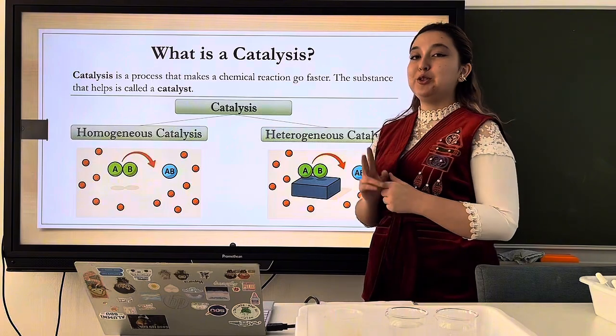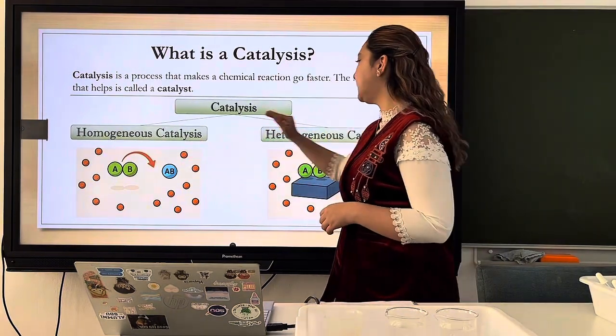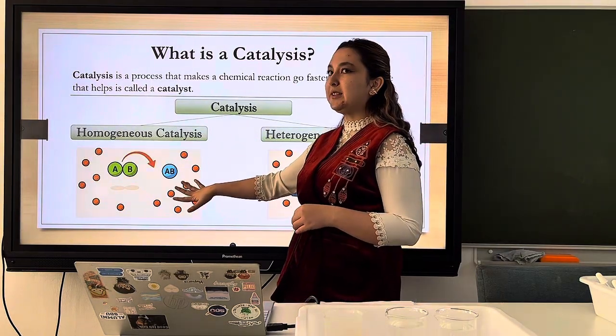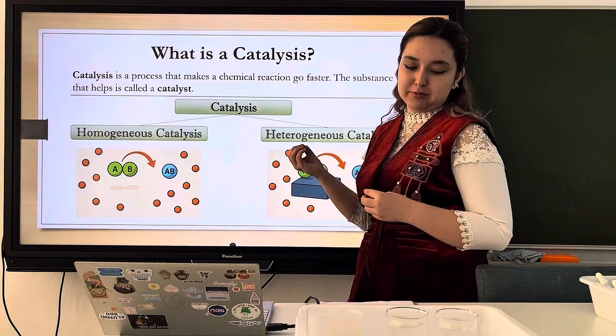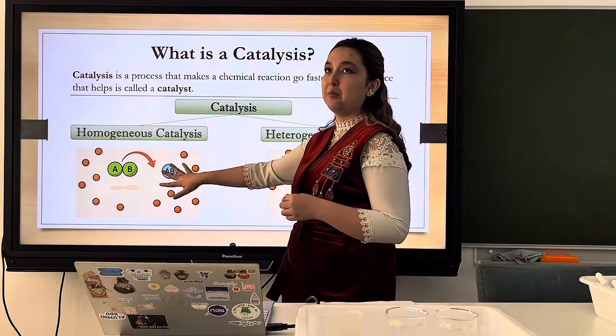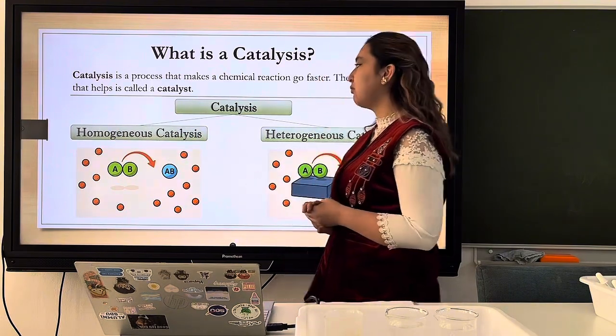So we have two main types of catalysis: homogeneous catalysis and heterogeneous catalysis. Homogeneous catalysis is when the catalyst and reactants are in the same phase, both liquids or both gases.